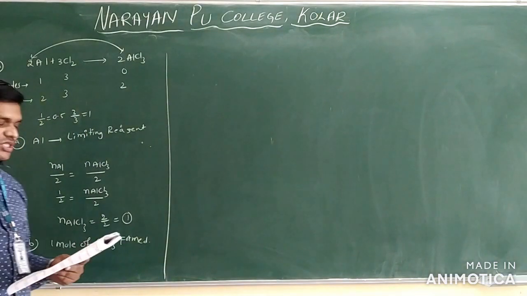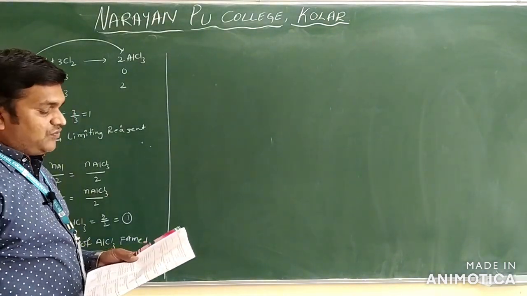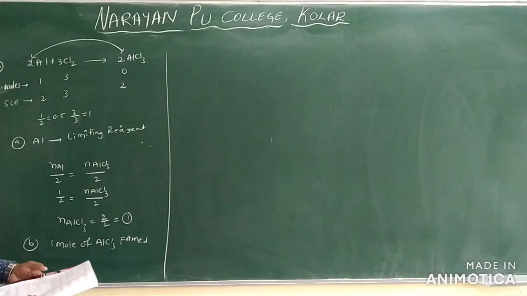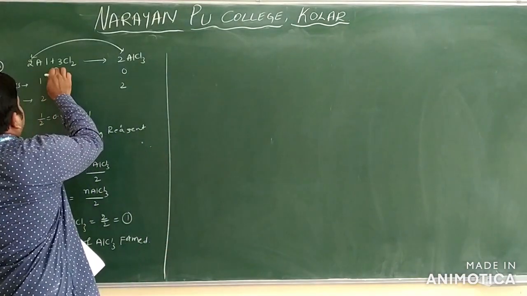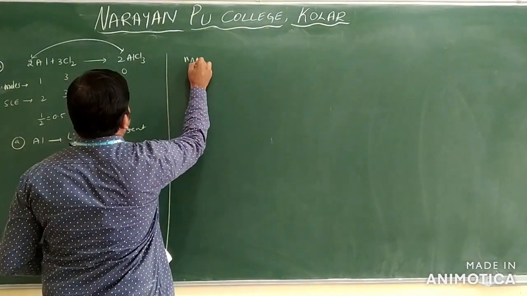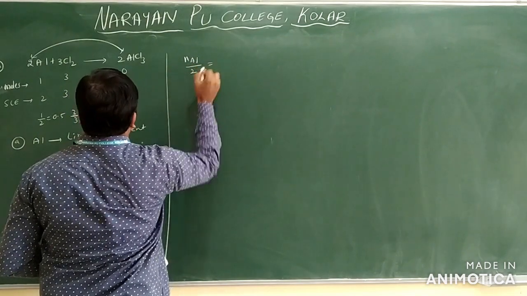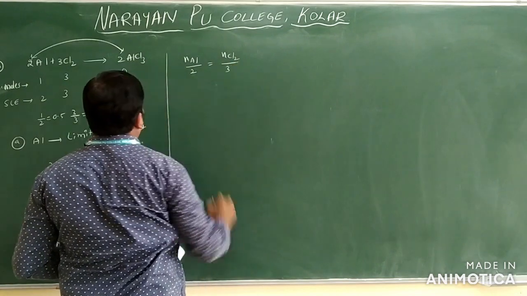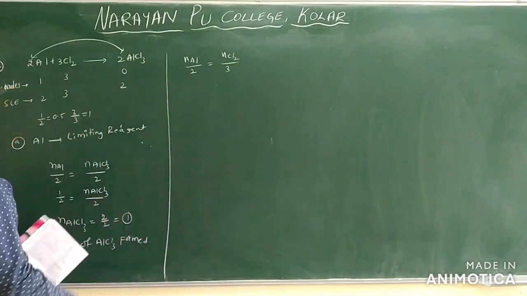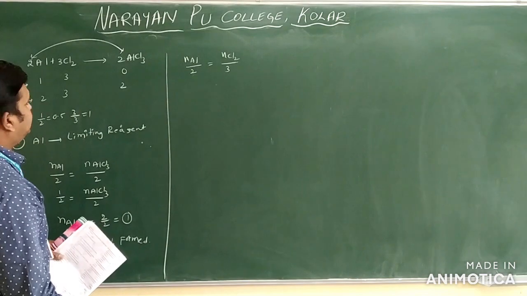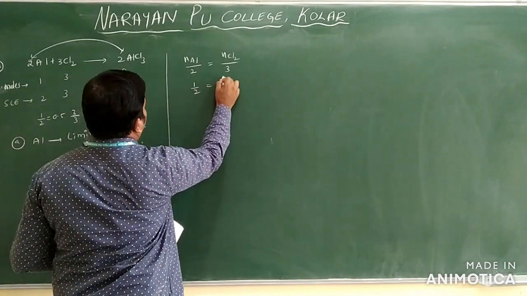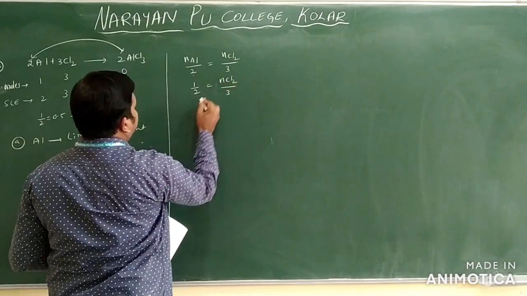C: number of moles of excess reagent left unreacted. Aluminum is the limiting reagent and Cl2 is the excess reagent. We are comparing these two. Number of moles of Al by its stoichiometric quotient 2 is equal to number of moles of Cl2 by its stoichiometric quotient 3. Number of moles of Al we have is 1, so 1 by 2 is equal to number of moles of Cl2 by 3.